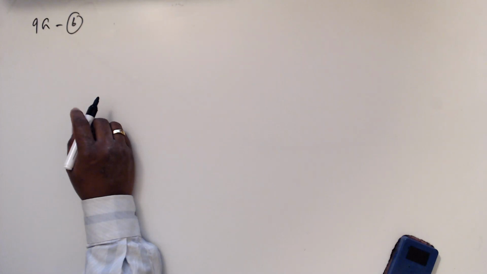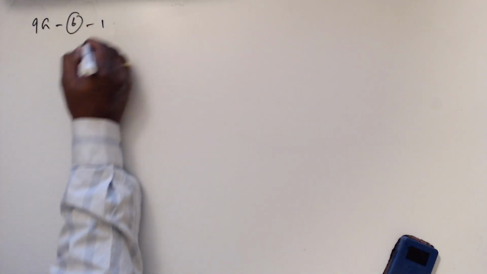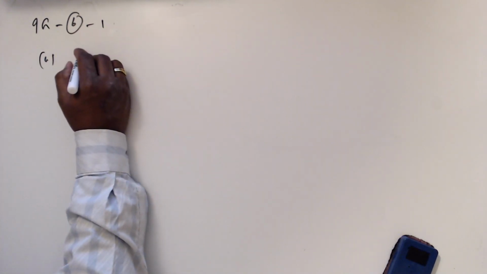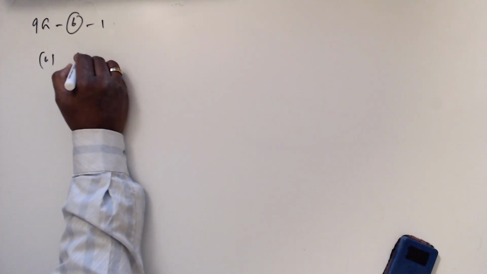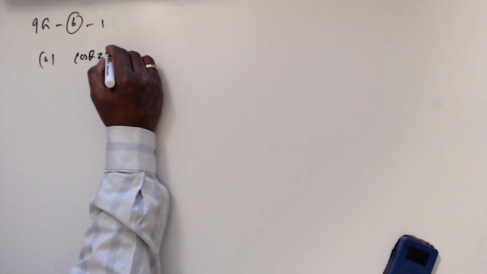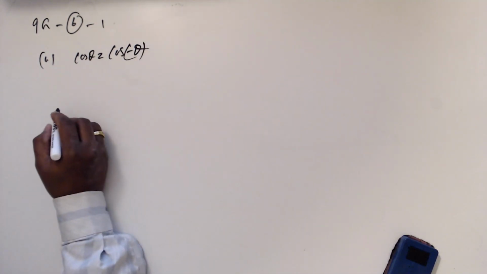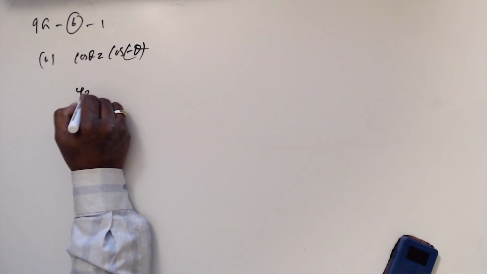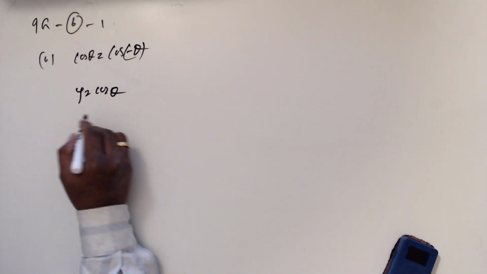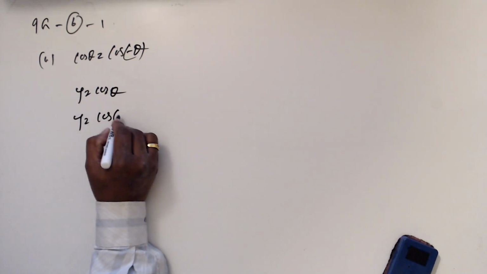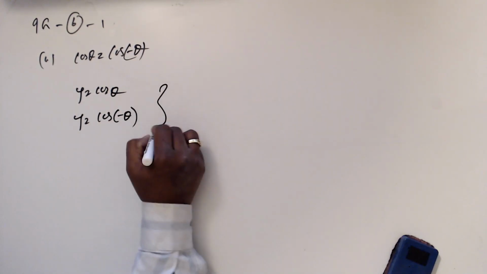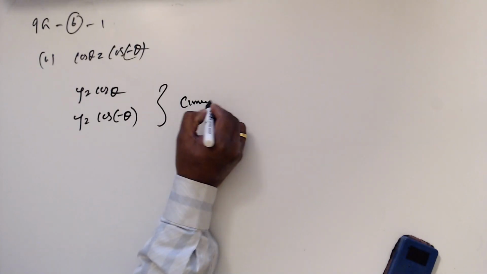Question number 6. 1a, we want to show that cos theta equals cos of minus theta. When you draw y equals cos theta curve and y equals cos of minus theta, both curves are the same.